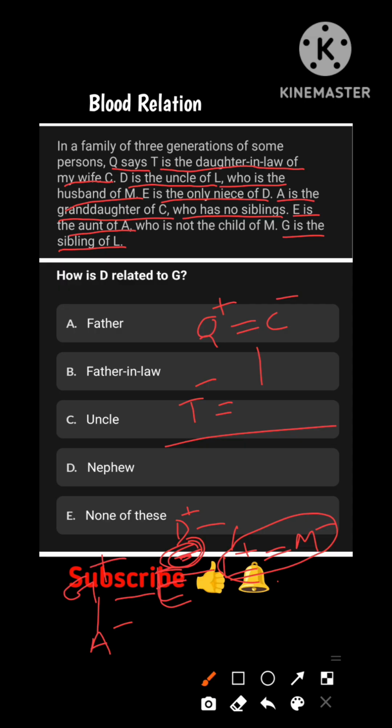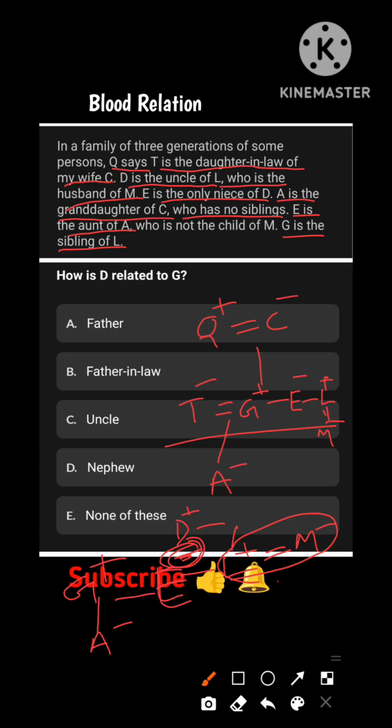So if we take T married G, G has a sister which is E. E has a brother which is L. L is married to M. And T and G have a child A, who is a girl.